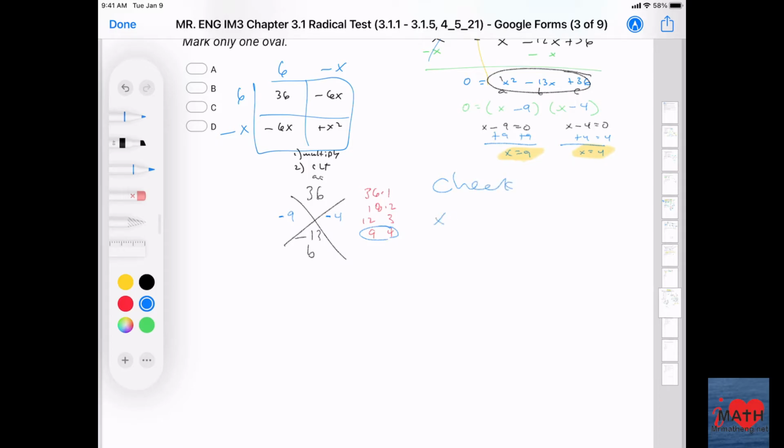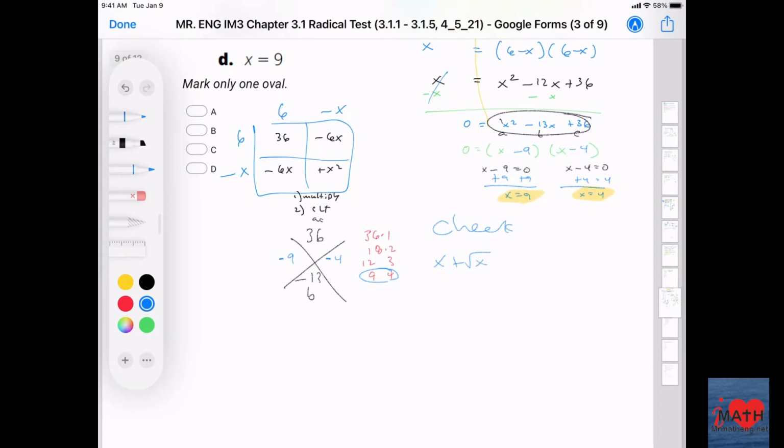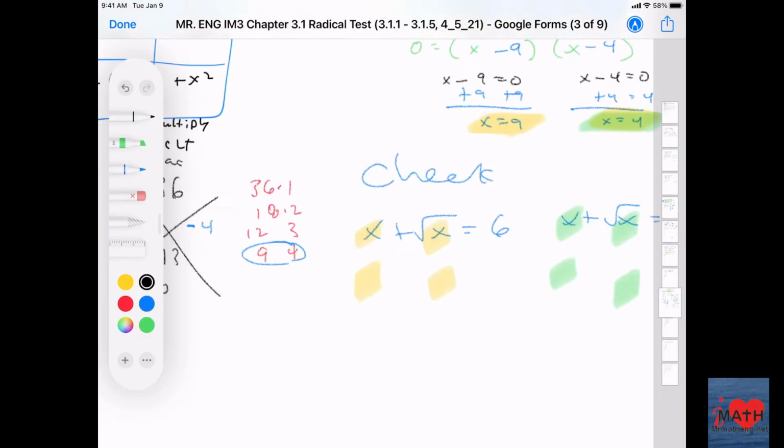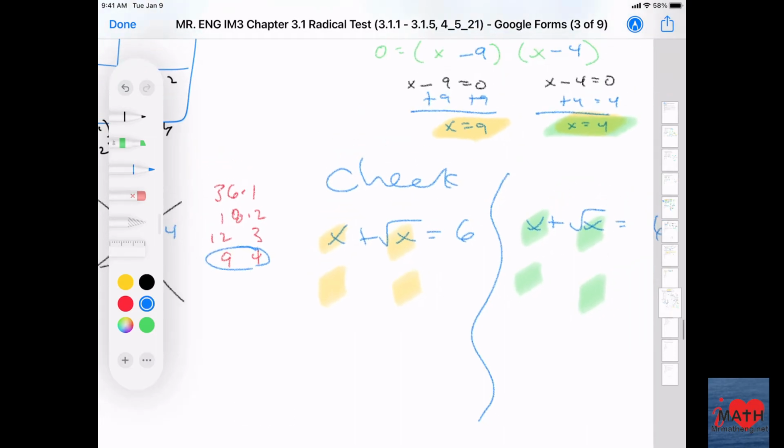So x plus the square root of x equals 6. Let's do this one in a different color, 4. Okay, so let's see what happens. And let's put in 9 here.